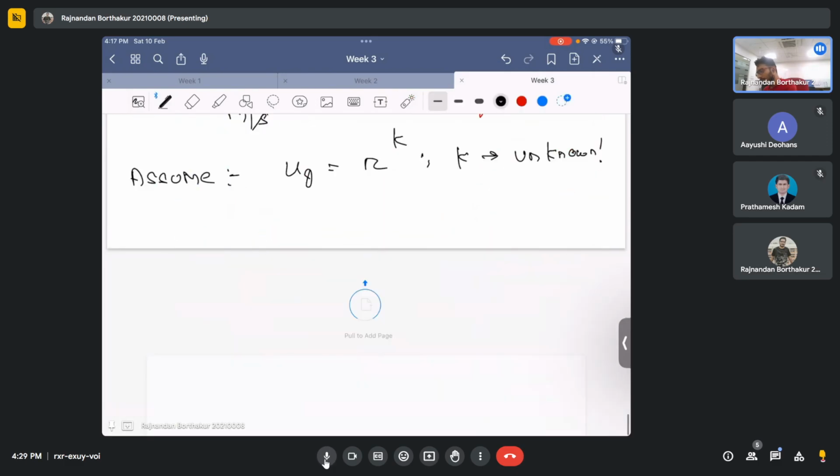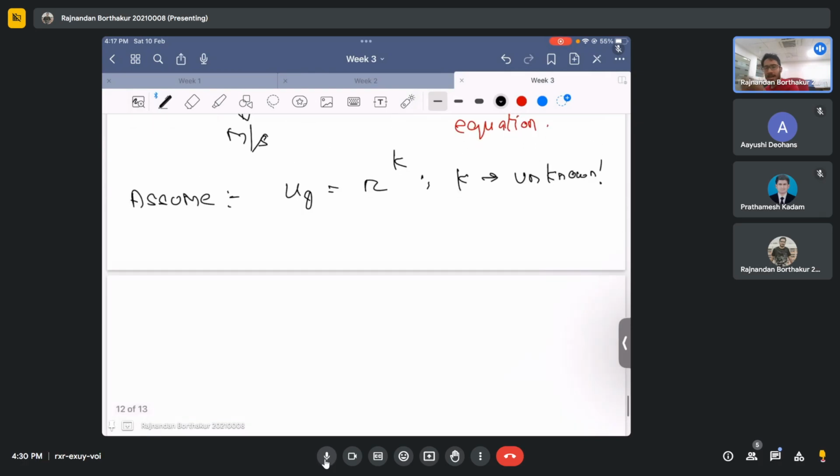For that we need to evaluate certain things. So if u theta is r power k, let's evaluate these terms. d2 u theta by dr squared becomes k times k minus 1 times r power k minus 2.